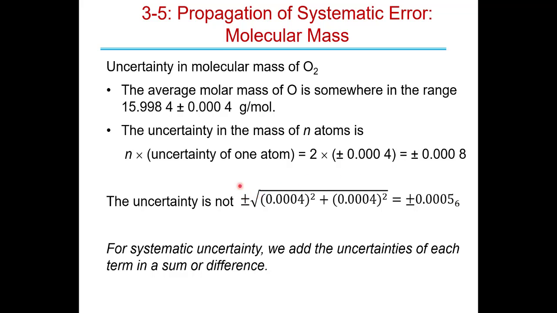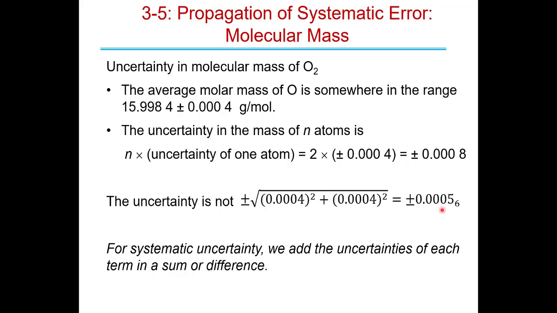The way we would use the propagation of error formula that we saw before, if this were random error, we would take 0.0004 and square it and add it to 0.0004 squared and take the square root of that, and we would get this number, 0.0005, and the next digit would be a 6. It's not significant, but we're just showing you what that next digit would be. So you see that this uncertainty is less than the systematic uncertainty.